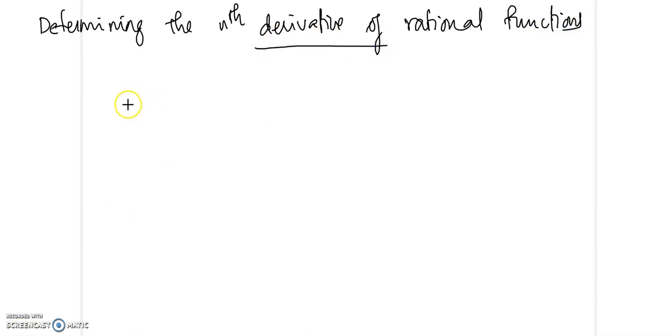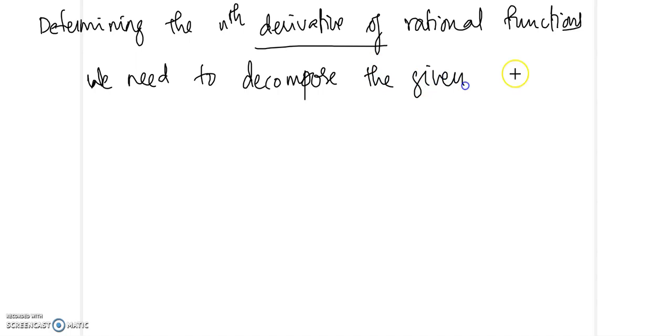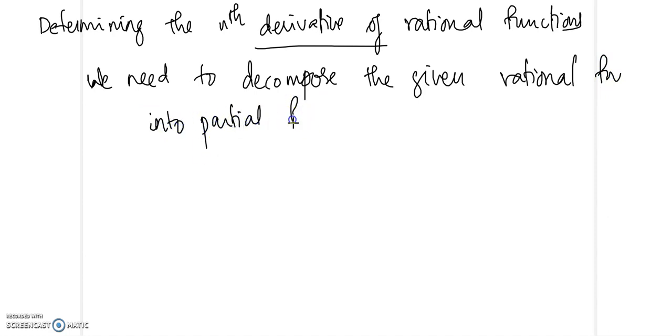So we need to decompose the given rational function into partial fractions, which I have learned already. And then we will be using De Moivre's theorem. Not in all cases, in some cases we will use De Moivre's theorem.